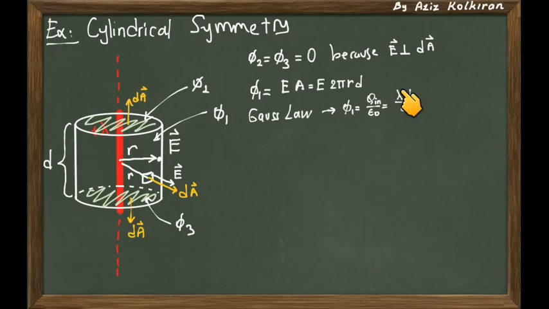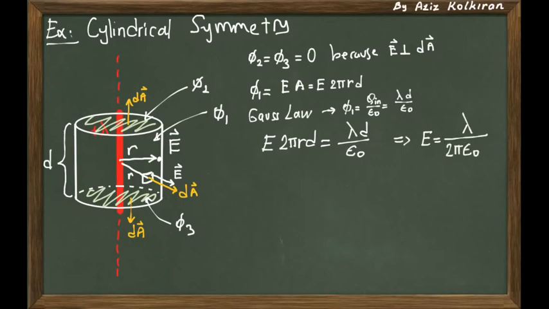It is just lambda times d, because the length located inside is just d, over epsilon 0. The next thing is to equate these expressions to each other to find an expression for the electric field, and you can easily solve for E, having the electric field as the line charge density divided by 2 pi times epsilon 0 times r, which is the perpendicular distance from the line charge to the point in question.